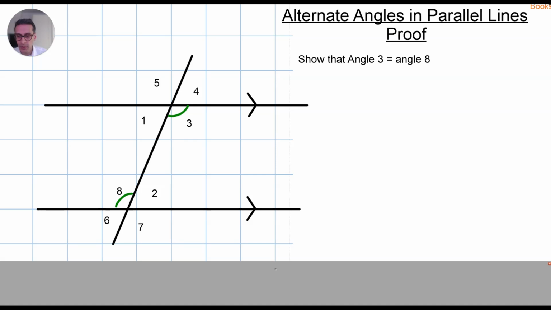So what we want to do is look at a simple proof here. There's lots of different ways to do this, so I'm just going to show you one way to do it. One way I can do it is I can say angle 3 is equal to angle 5, because they are vertically opposite.